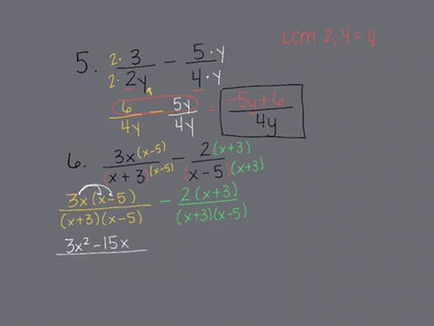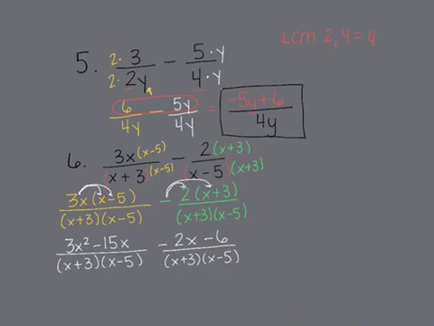This is all over x plus 3 times x minus 5 still. Now in this second one, I'm going to distribute this as a negative 2. So minus 2x and then minus 6 over x plus 3 x minus 5.